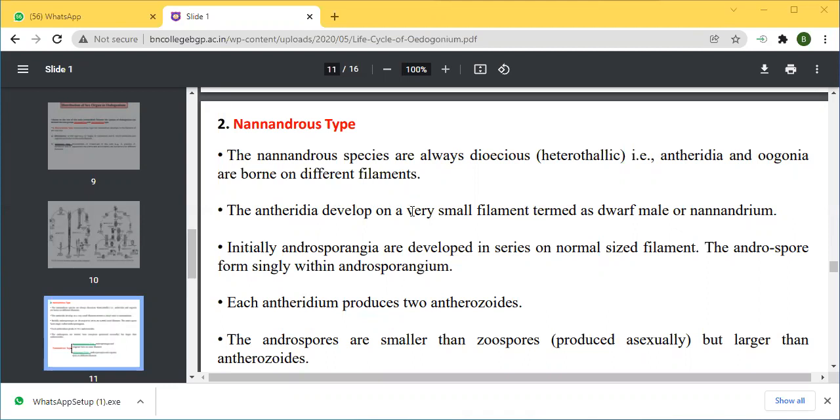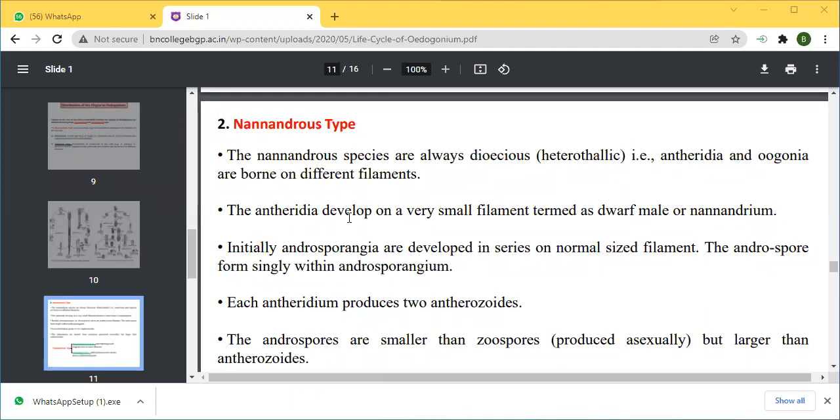Antheridia develop on a very small filament. Listen carefully, very important point: the antheridia develop on a very small filament termed dwarf male or nanandrium.